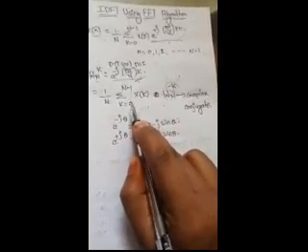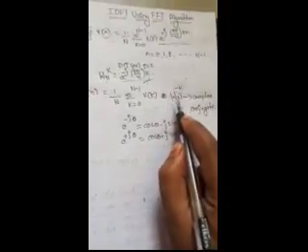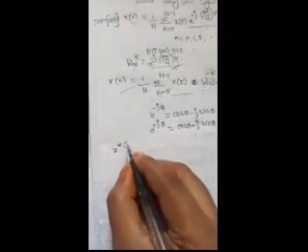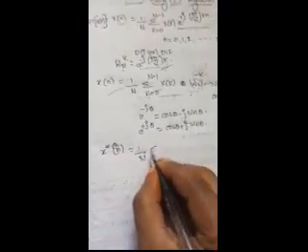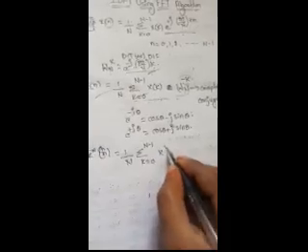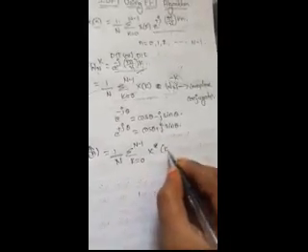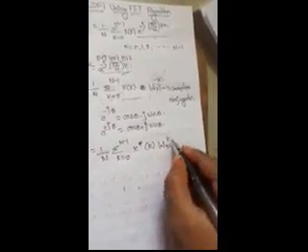If I take the complex conjugate on both sides, it is possible to write the twiddle factor in positive form. So x star of n, that is the conjugate of x of n, equal to 1 by N sigma k equal to 0 to N minus 1 of the conjugate of capital X of k times the twiddle factor Wn of kn.